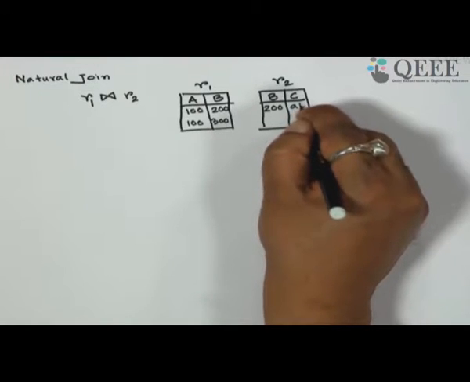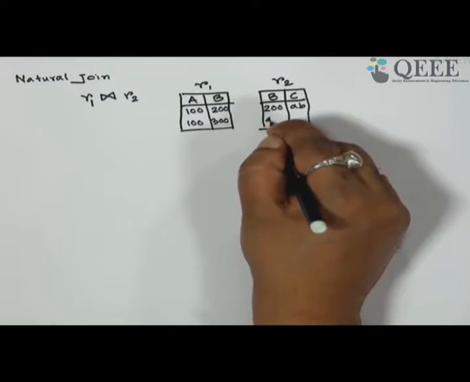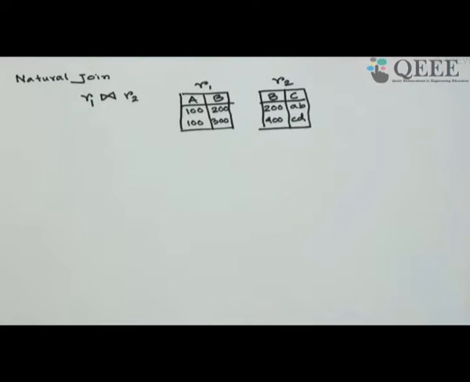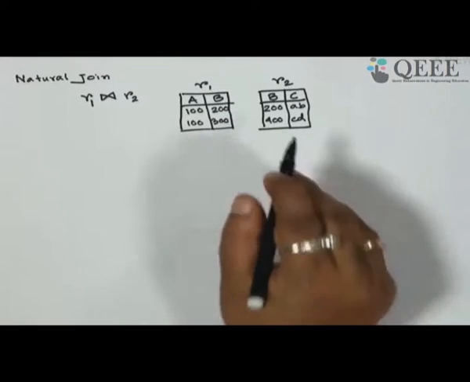The domain of A is integers, the domain of B is also integer, and the domain of C is strings. So what R1 natural join R2 does is that it will look at the common attributes of R1 and R2.